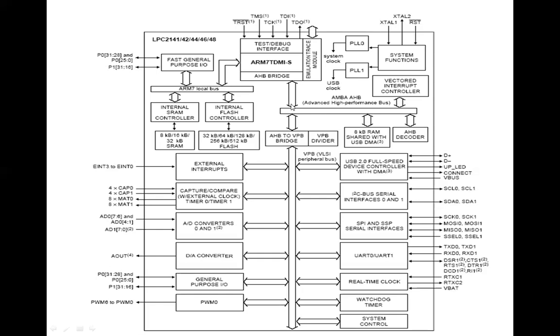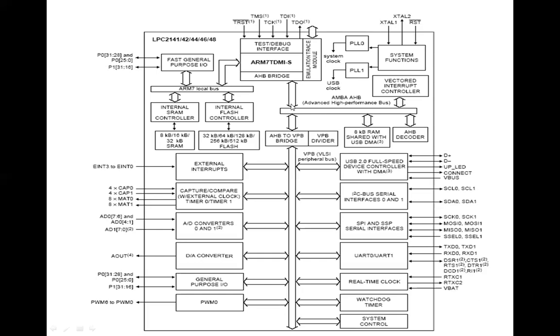Second is the 8 KB RAM shared with USB DMA. Generally, from a USB communications point of view, a direct memory access controller is linked. Whenever you transfer data from memory to the peripheral or IO devices, for the fastest data transfers a separate 8 KB RAM is shared with the USB DMA, so this memory will be available.